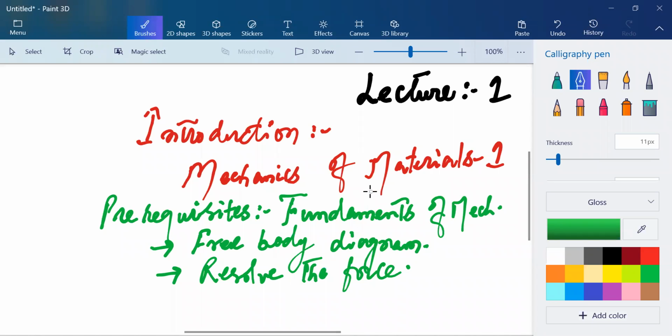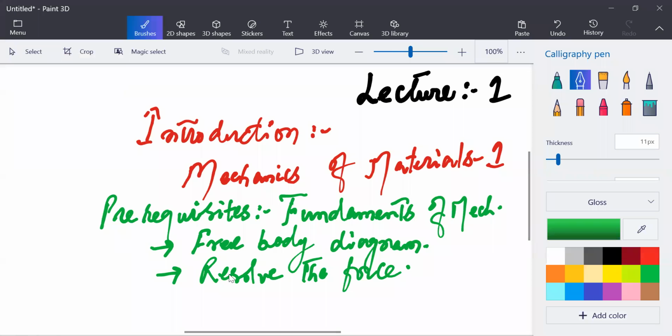As far as this course is concerned, first of all, let me talk about the books that we will be referring to in this course. Let me share the book with you.